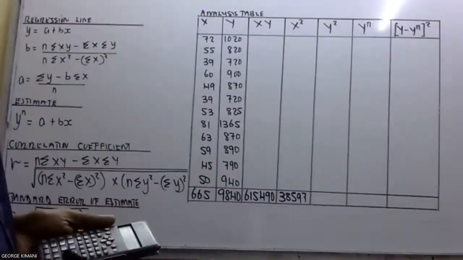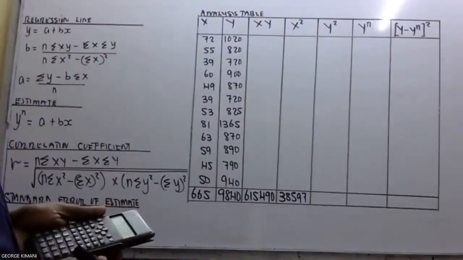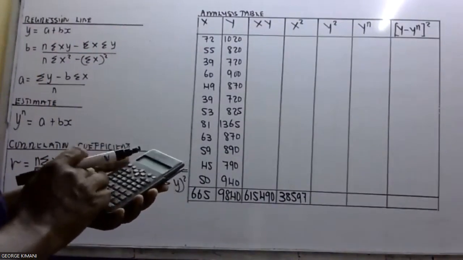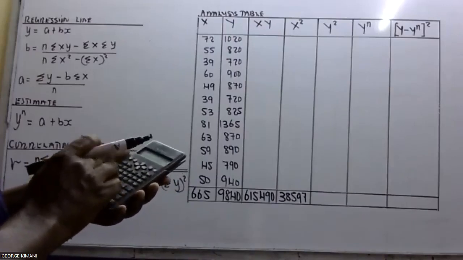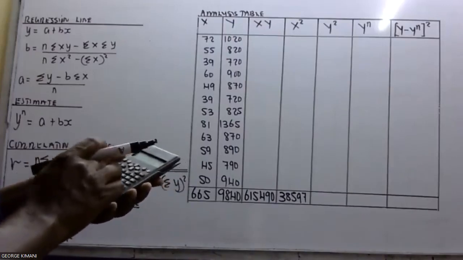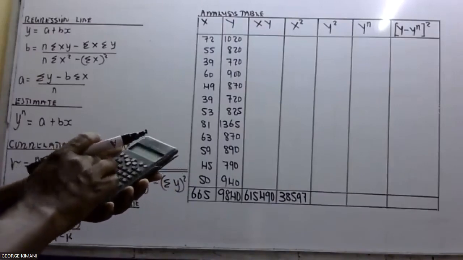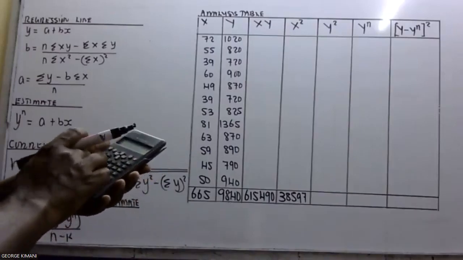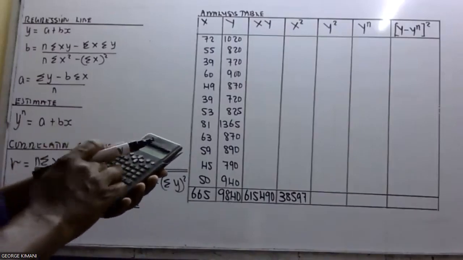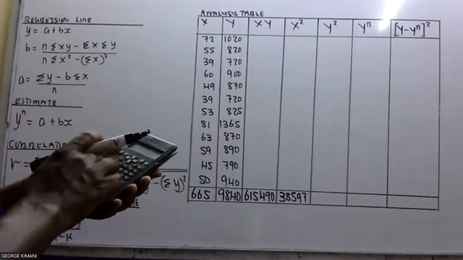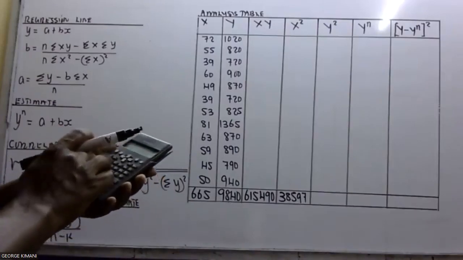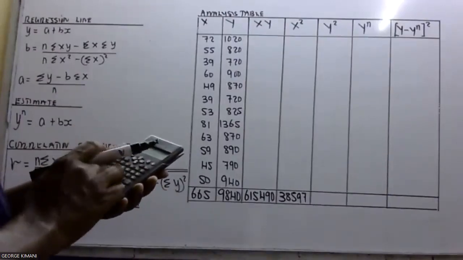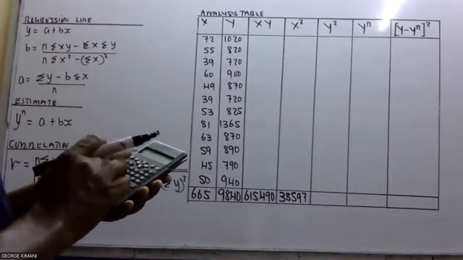Why you are getting 10 730? Let me confirm. 1020 plus 820 plus 720 plus 900 plus 870 plus 720 plus 825 plus 1365 plus 870 plus 890 plus 790 plus 940.